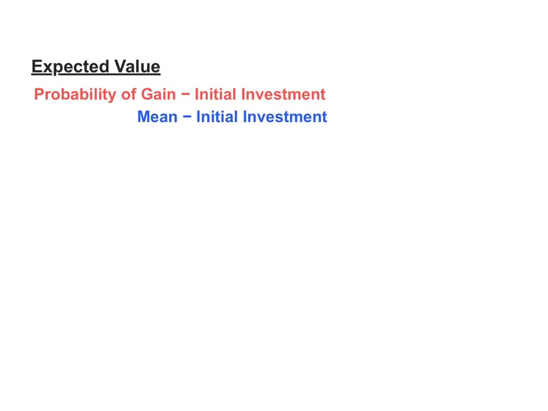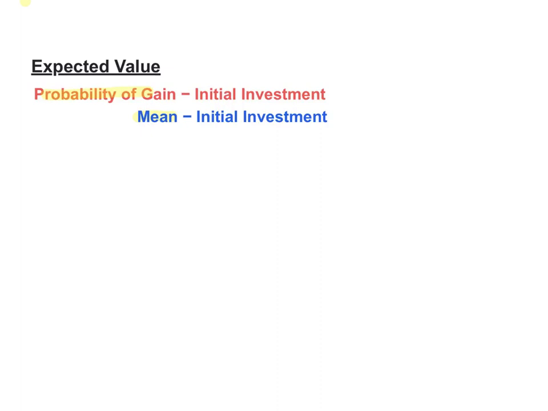So these two things are basically the same. And that's why this is included in this section. Because we're not going to actually have a probability distribution per se, but we're going to find the mean as if it was a probability distribution. And so that's what our expected value ends up being.